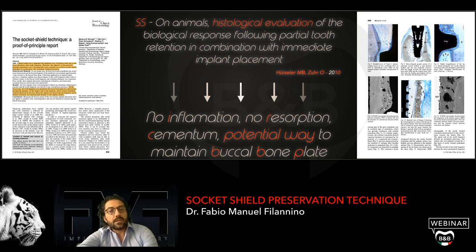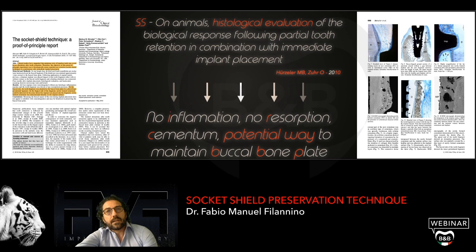So they saw that there was no inflammation and no resorption of the shield, and especially no resorption of the bundle bone. In this study, they used amelogenin, which is not used anymore in the actual protocols of the technique.